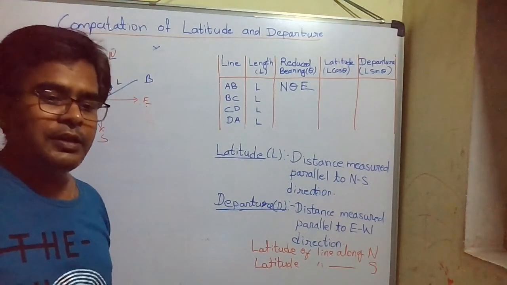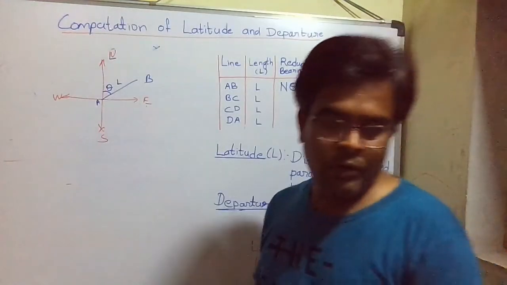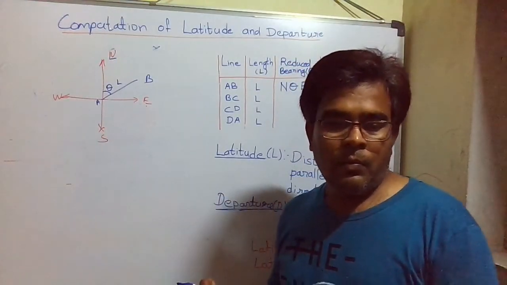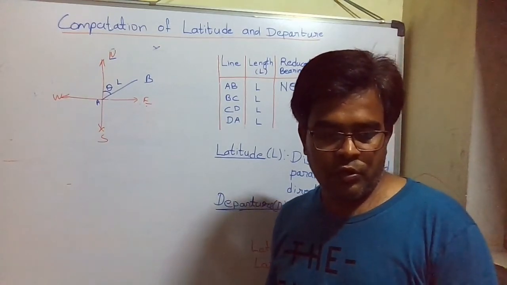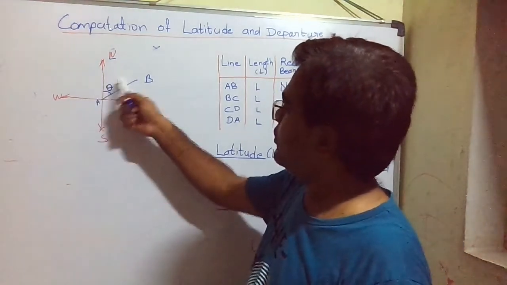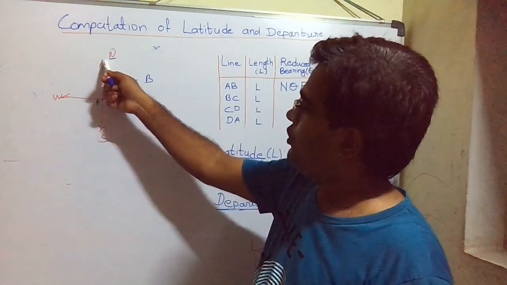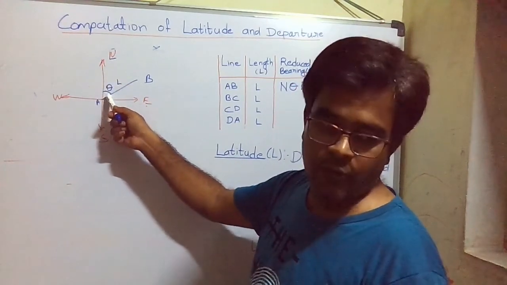You know what reduced bearing is. The bearing of a line measured from north or south towards east or west. So this is the bearing of this line measured from north or south, whichever is nearer. Here north is nearer, so we have measured the bearing of this line from the north towards east.